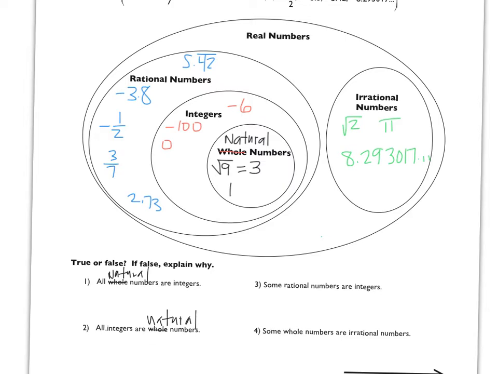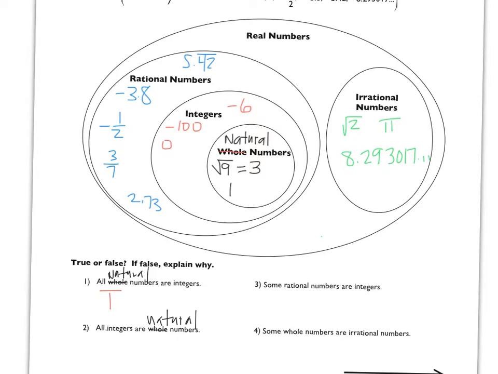So all natural numbers are integers. Well, if we look back at our Venn diagram, natural numbers are completely included in integers. So that means every natural number is an integer. So that's true. All right, number 2 flips that around. It says all integers are natural numbers.